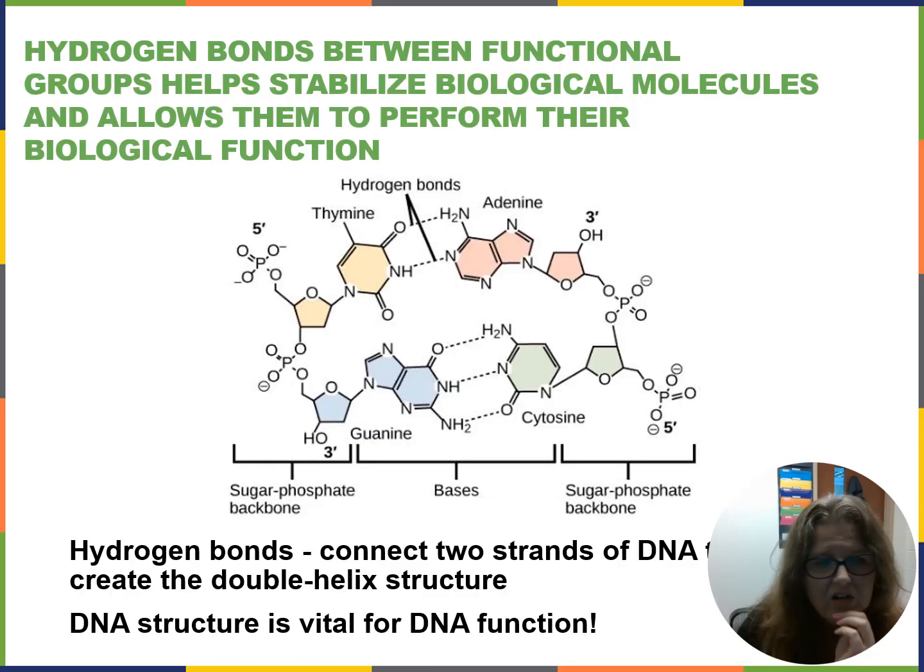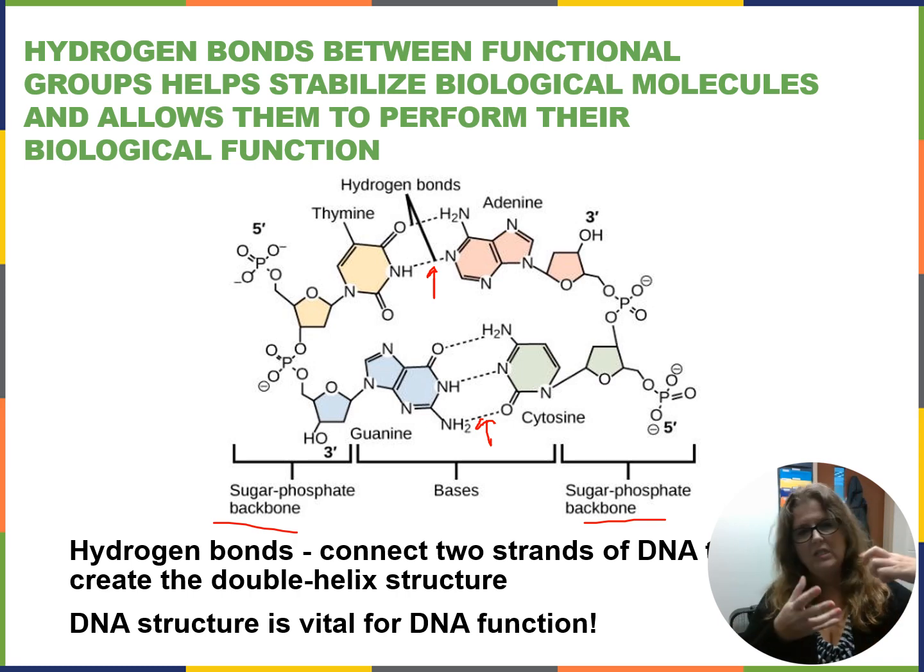And then just kind of talking again about hydrogen bonds, we actually have a small section of DNA here. This is our sugar phosphate backbone on one side, this is the other side, and then we have these nitrogen bases in the center, and these little dashed lines are our hydrogen bonds that are holding these nitrogen bases together.